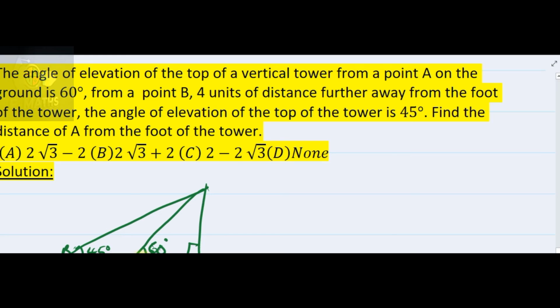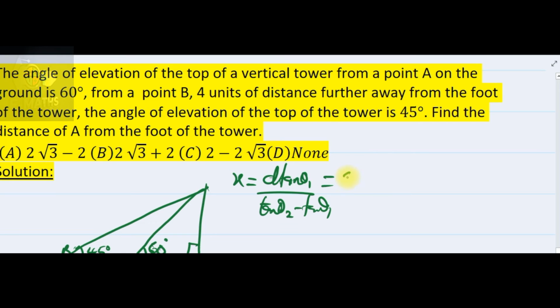So we are looking for X here. So you don't need to waste time again. For X, we will use the first one because 60 minus 45 is not a special angle. So we use the formula: d tan theta 1 over tan theta 2 minus tan theta 1, where theta 1 is 45 degrees.